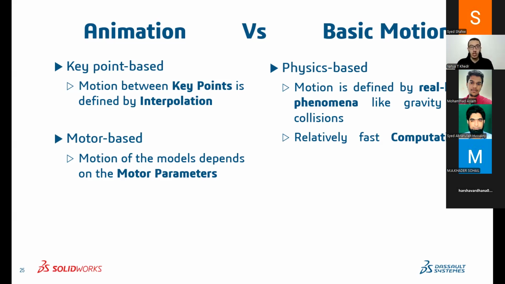Or maybe you want to simulate something like gravity, things that you would find in real life. These are the things that you would need basic motion for. And once again, it's way simpler and faster than motion analysis because it's not as advanced, so it's way quicker when it comes to computation.